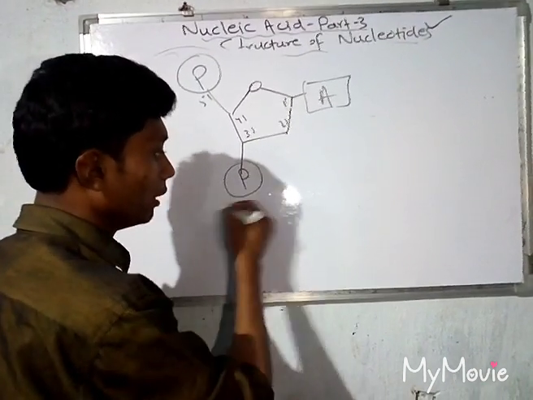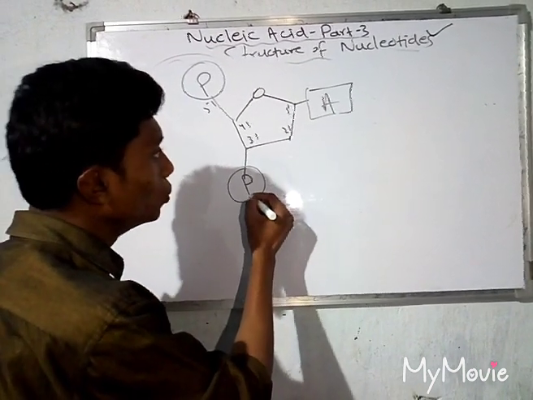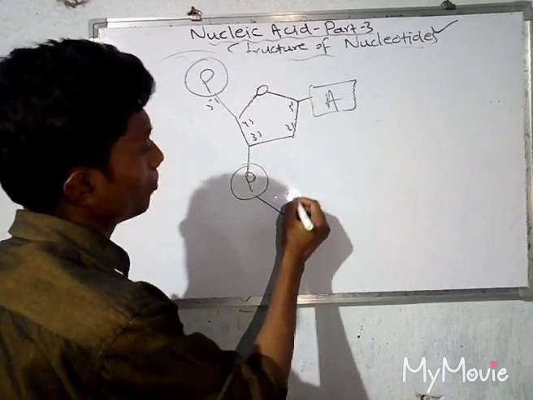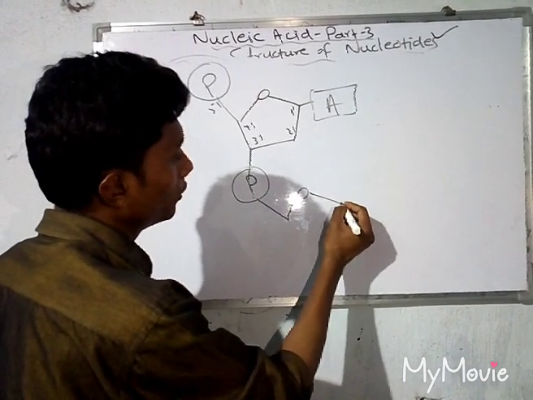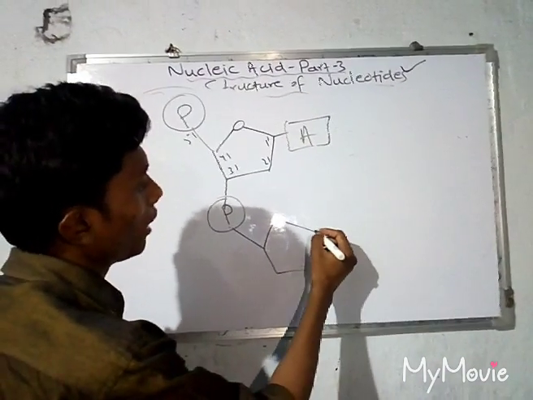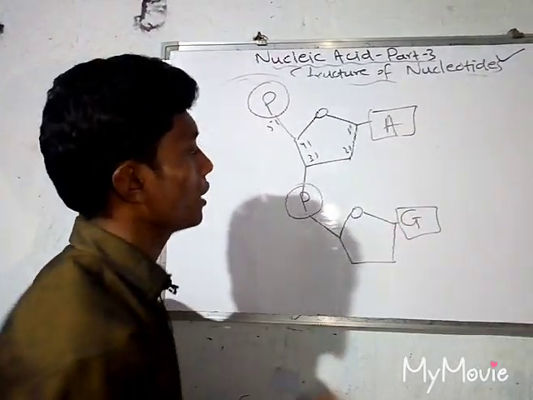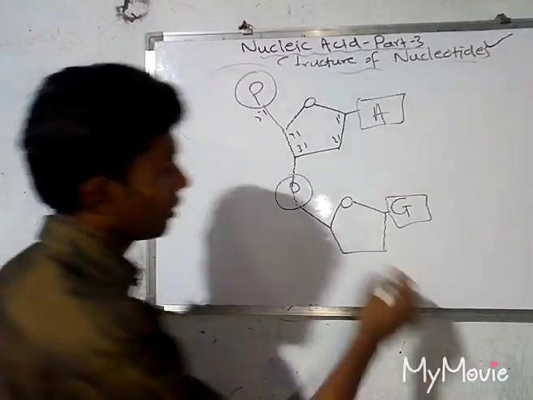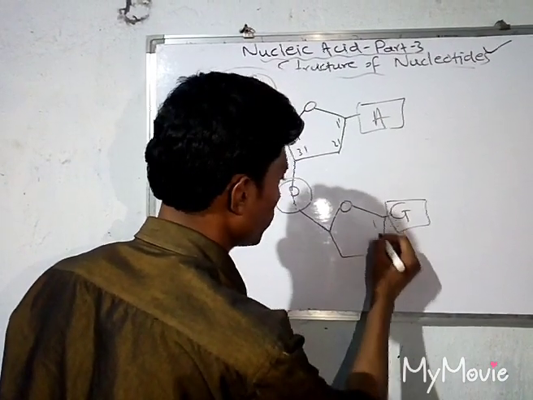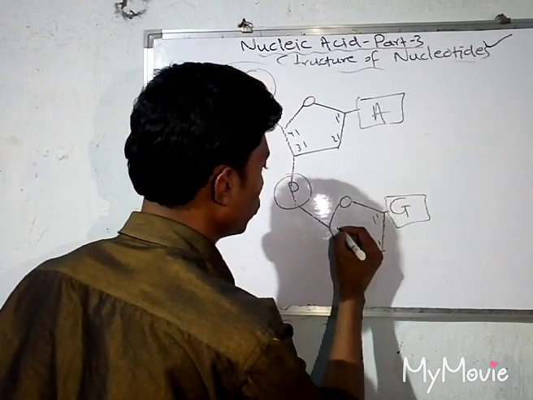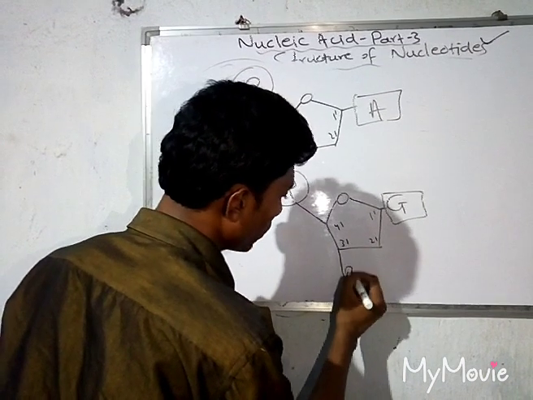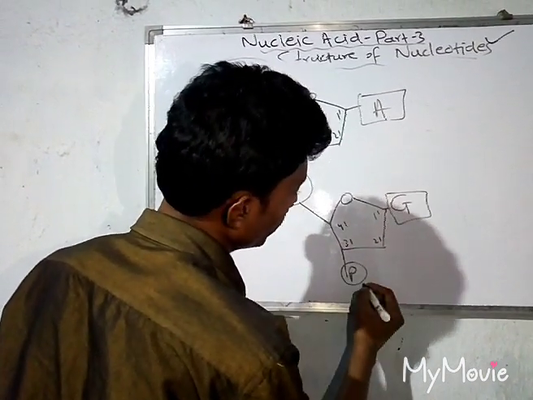At 5 carbon a phosphate group is attached. Clear? But to make a chain, at 3 carbon position another phosphate group is attached, and that phosphate group is again attached to the 5 carbon position of another sugar.